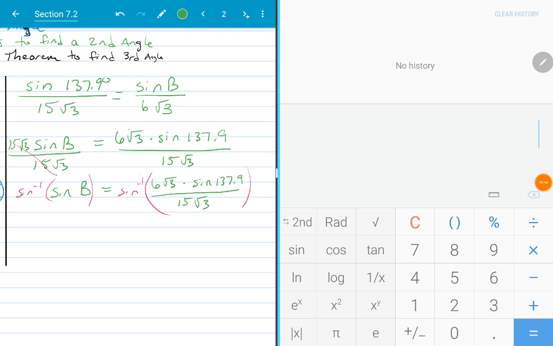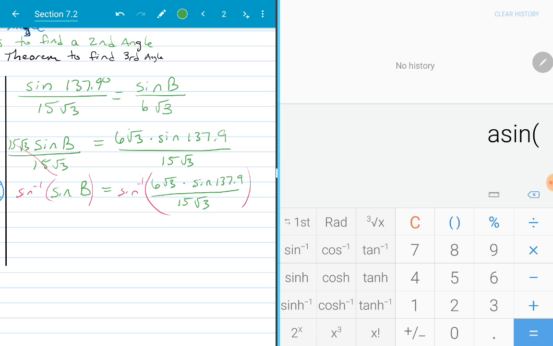Get out my calculator to solve that one. If you don't have the calculator, you don't need it. If you put that as your final answer, that is correct. That is the most exact it is. At this point, I'm going to be making it less exact by rounding it to a decimal point.